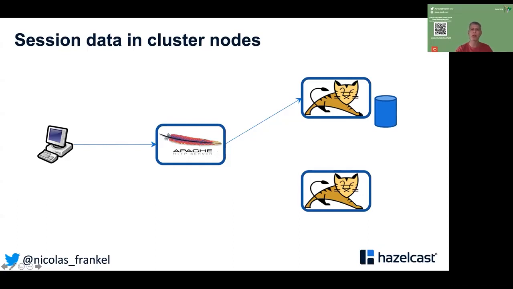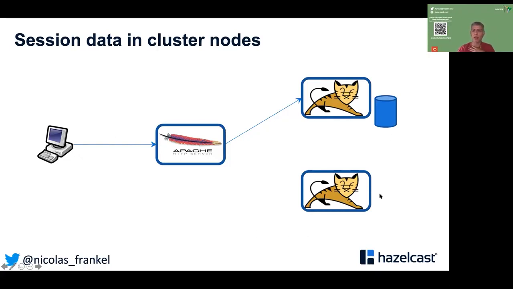And probably there is a high chance that you've got some session data inside of it. It can be just a login. If you log in, then probably you have a session cookie with your ID. But probably you would want to put more stuff in your session. And now the problem is if at the next call the load balancer directs you to another node, then you will have lost everything.